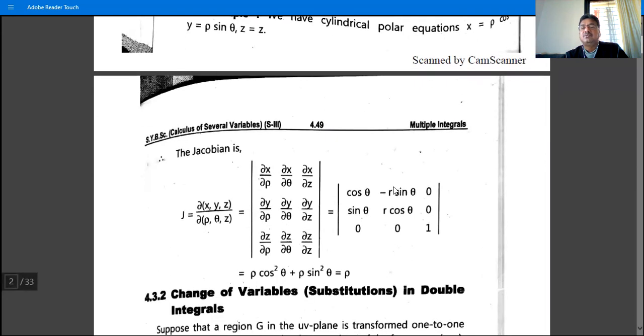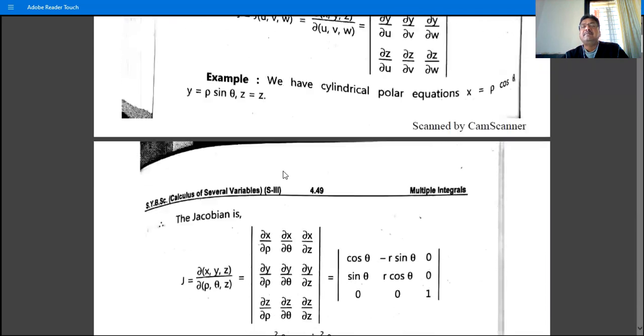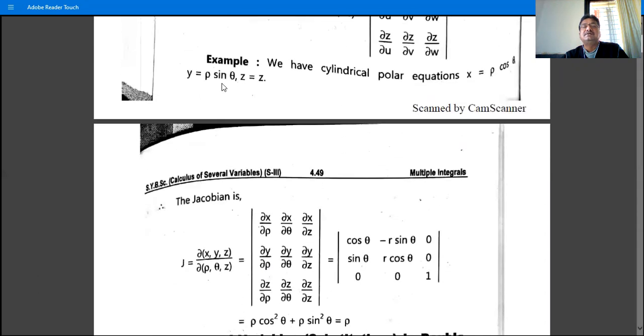So write rho here as the notation. Then ∂x/∂z is 0, ∂y/∂rho is sin theta, and ∂y/∂theta: rho is constant and the derivative of sin theta is cos theta, so I write rho cos theta. ∂y/∂z is 0, then ∂z/∂rho is 0, ∂z/∂theta is 0, and ∂z/∂z is 1.